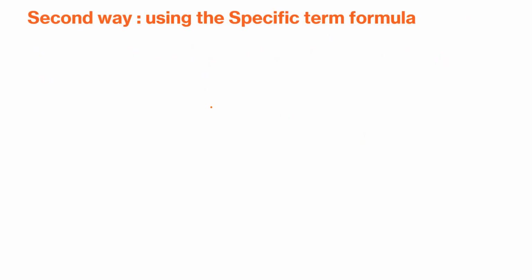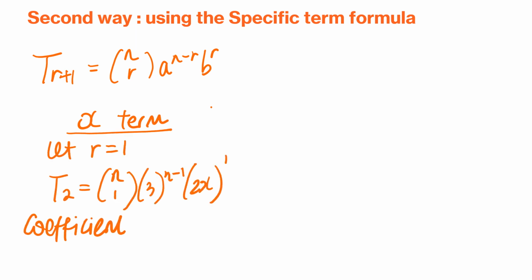Right, then the second way is to use the specific term formula. So this is the specific term formula. We want to find the coefficients of the x term, so meaning we need to let r equals 1. So we're actually finding the second term. The second term is actually our x term.